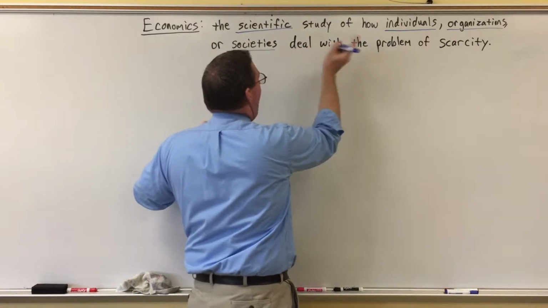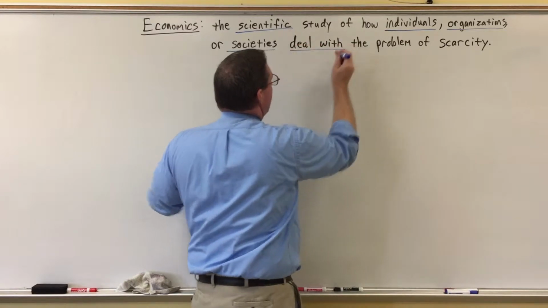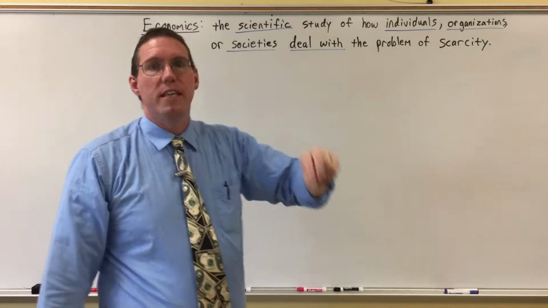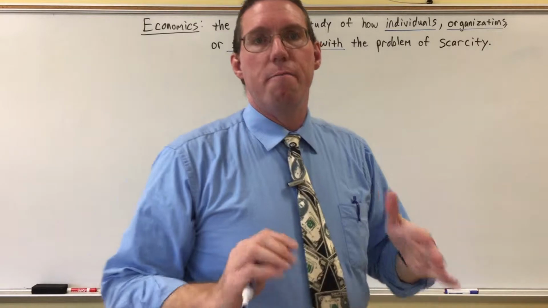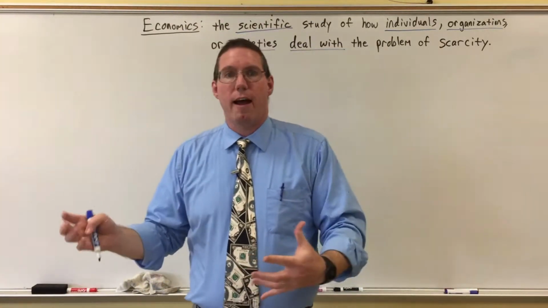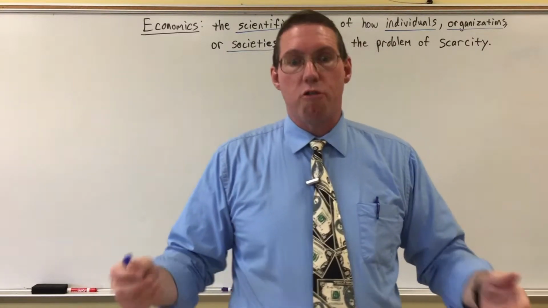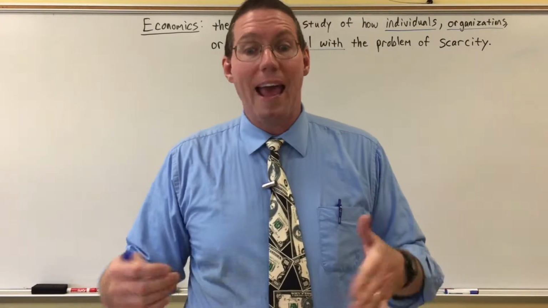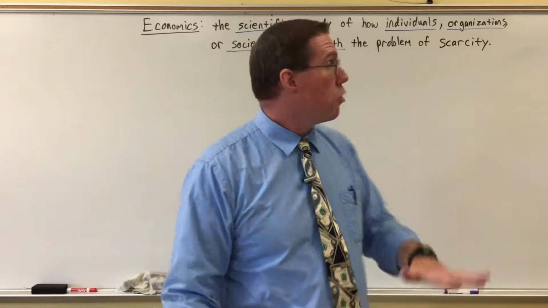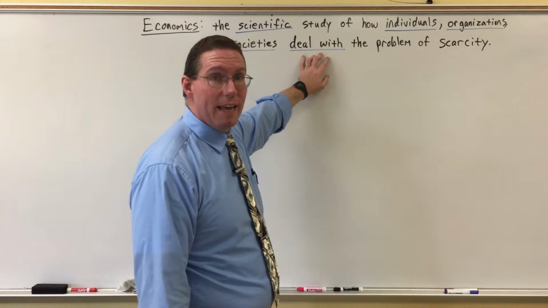Economics has to do with how these groups or individuals deal with. Now, the idea of dealing with is the idea of making a decision. When you get a flat tire, you have to deal with that flat tire. And what that means is to make decisions about how to handle that flat tire. So dealing with is the idea of decision making, having to make a decision.